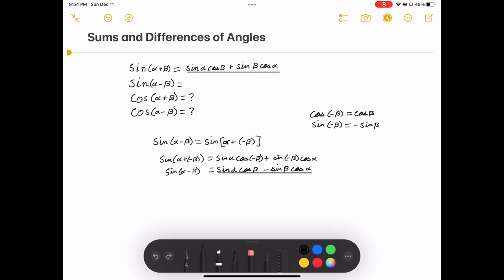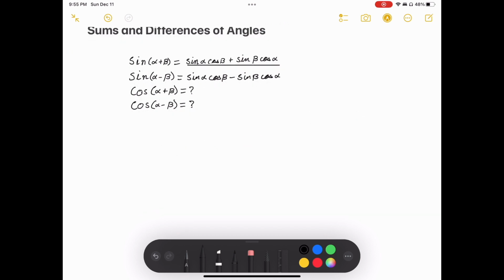You should also be able to figure that out using a unit circle. So I'm just going to turn the sign up front into a negative, and then cosine of alpha does not change. And now we have an identity for the sine of alpha minus beta.